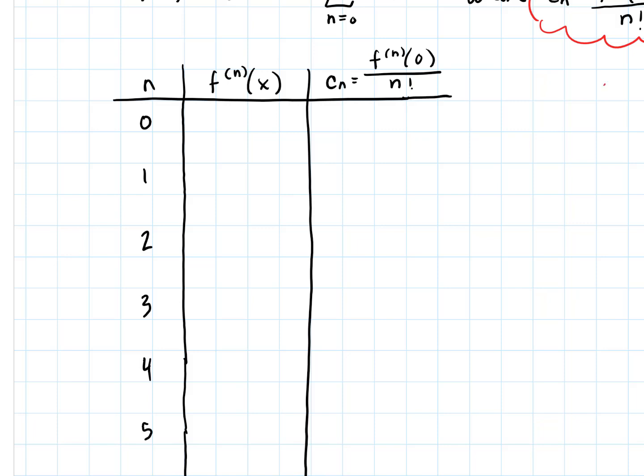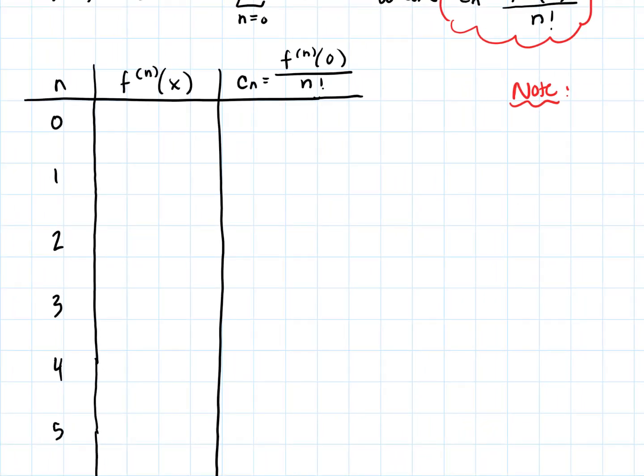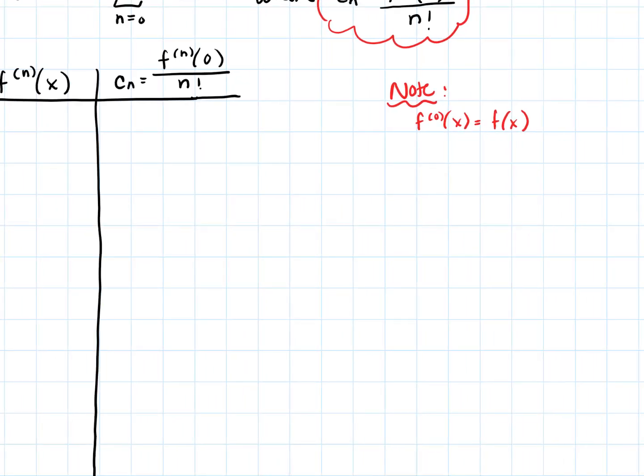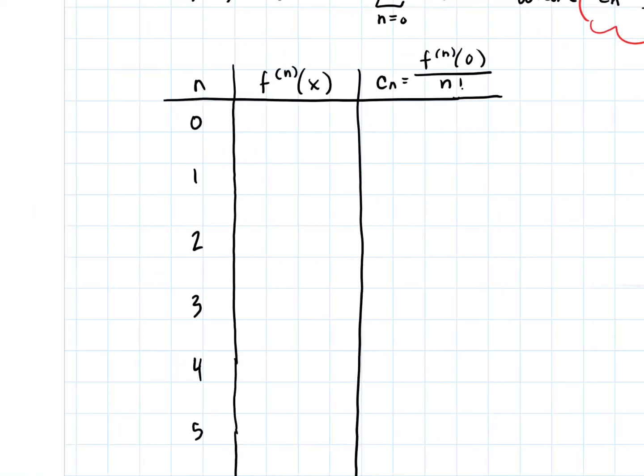Now, a couple quick notes from before, but also just some conventions to remember: the 0th derivative, when we have taken no derivatives, we are talking about the actual function, and when we say 0 factorial, that is defined as 1.